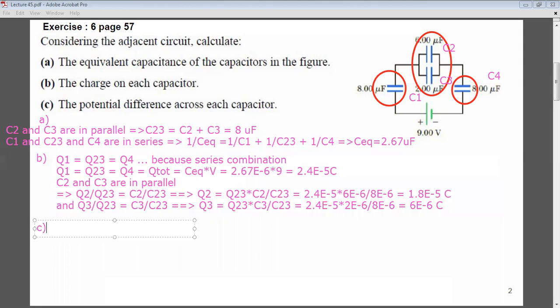Finally, part C, the potential difference across each capacitor. This one we get from the formula Q equals CV. So if I want V1, it will be Q1 over C1. If I want V2, it's Q2 over C2.